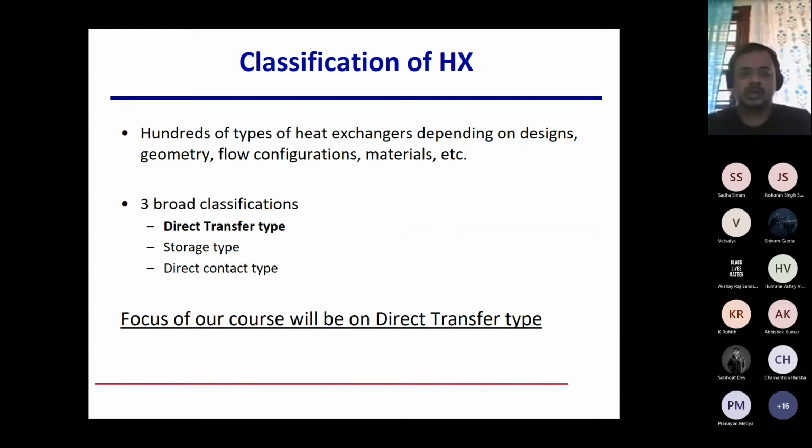I don't know if he has taught you either thermofluids 1 or 2. He's one of the stalwarts of overall thermofluids in India, and definitely probably among the very best when it comes to heat exchangers, heat exchanger networks, etc.